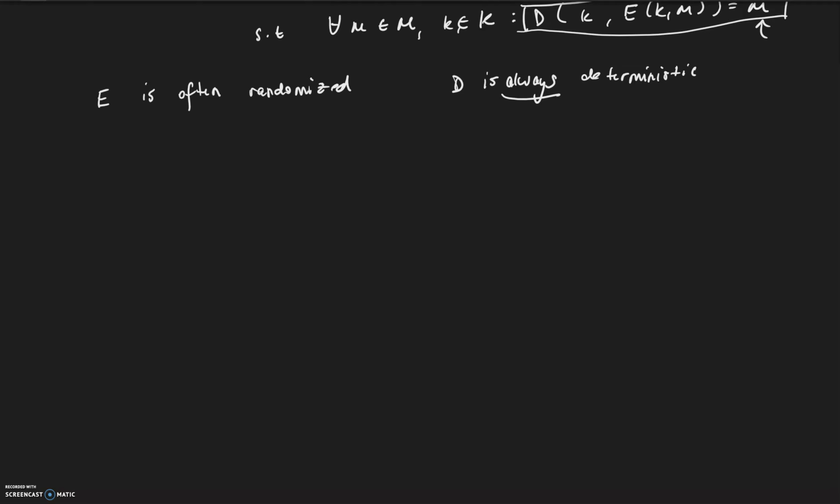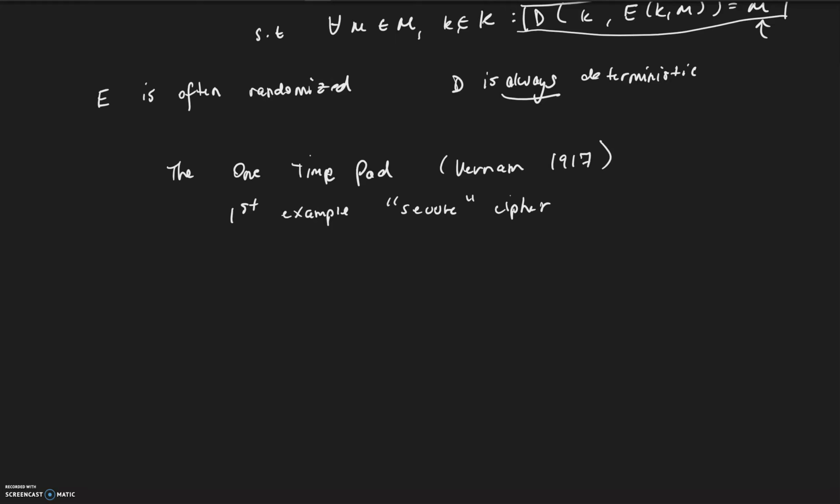So then we get to the topic of the one-time pad, by Vernam in 1917. This is essentially the first example of a secure cipher, and secure here is in quotes.